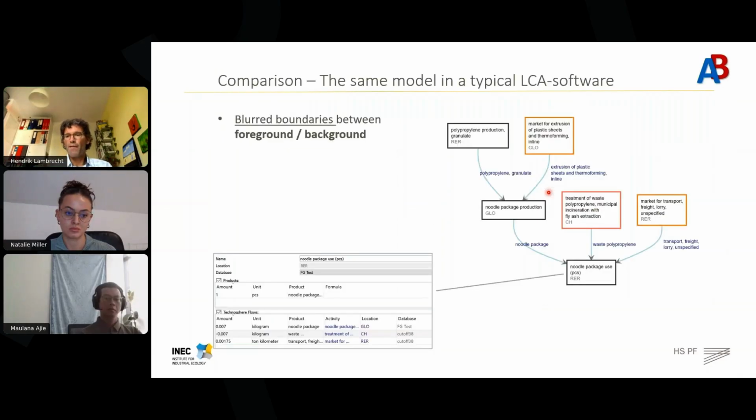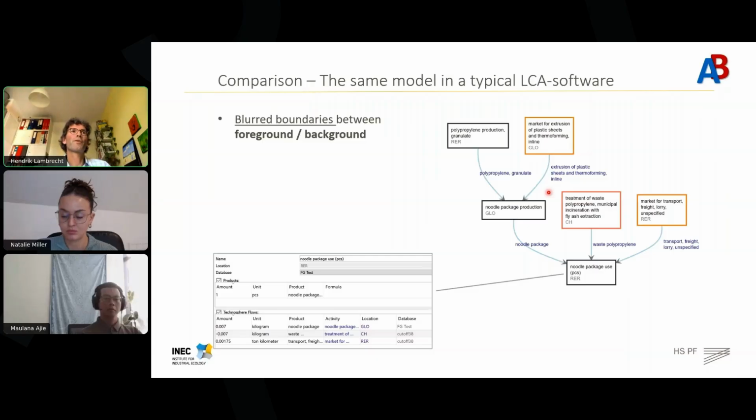If we have a look at another LCA software, I take here Brightway with the activity browser as an example. What you see here is actually exactly the same system. Then, you know, this distinction between a real-world system and the LCA accounting perspective is not so clear.